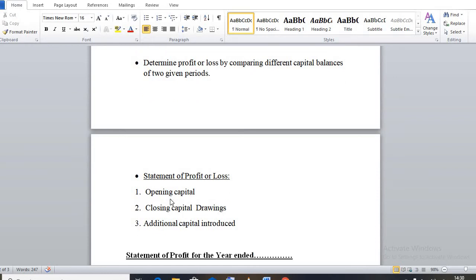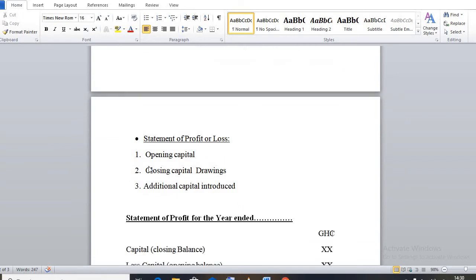So here we have the statement of profit or loss. We have to prepare what is known as statement of profit or loss. Over there we have the opening capital and that of the closing capital, and then we have additional capital too. So in the statement of profit or loss, we have to have the opening capital for the business, and we have to get the closing capital and drawings for the business, and then you have to add our additional capital into this.